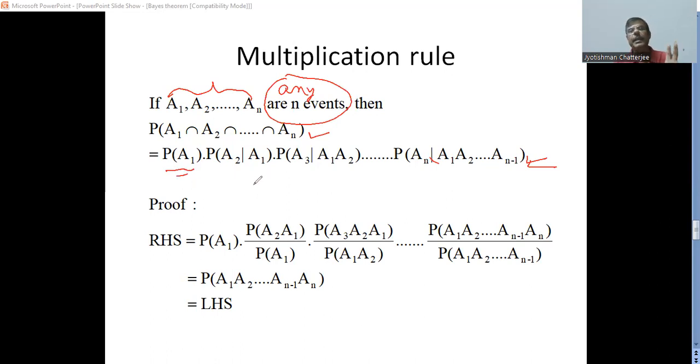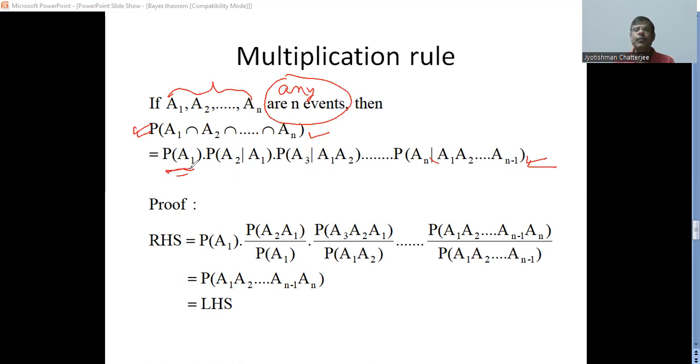First observation is it's a multiplication of several terms. You are trying to compute the probability of the intersection, and that is decomposed as a product of n terms: probability of A1, probability of A2, etc. In fact, it's a product of n probabilities.